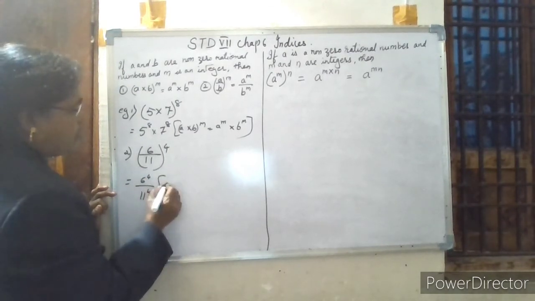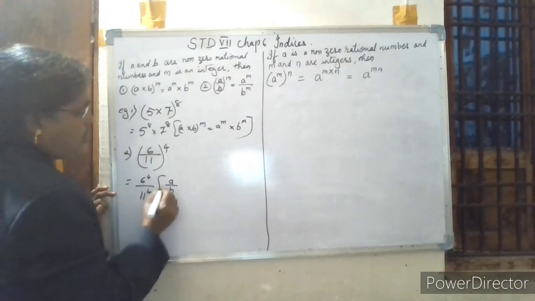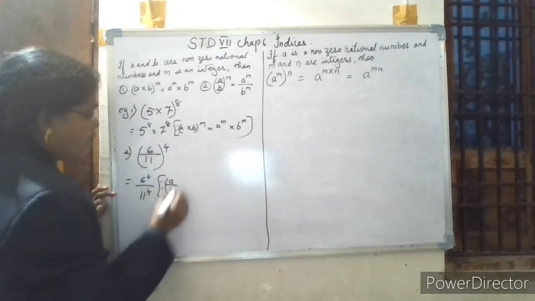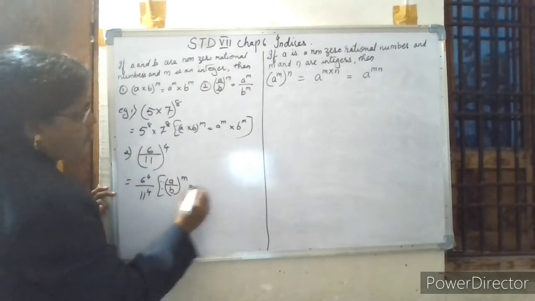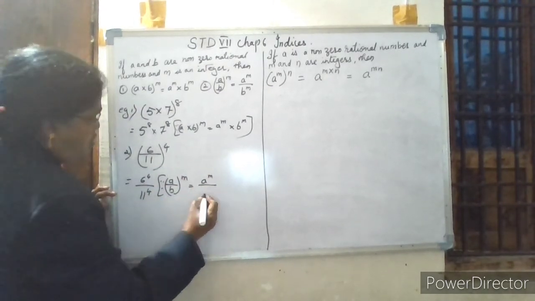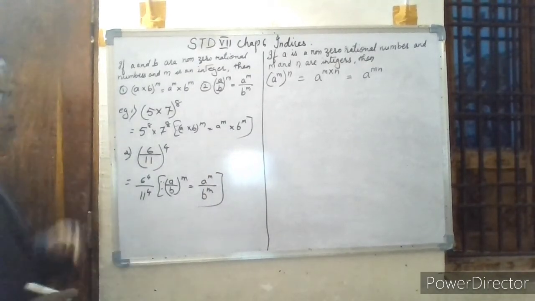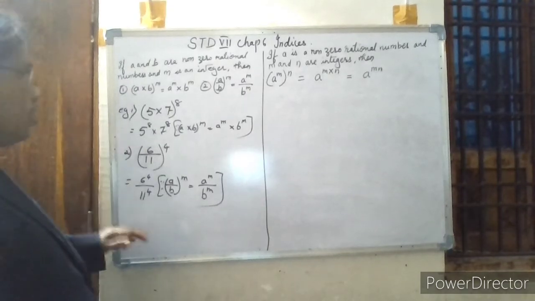This is because of the law A by B, the whole raised to M, equal to A raised to M upon B raised to M. There is no other solution here.